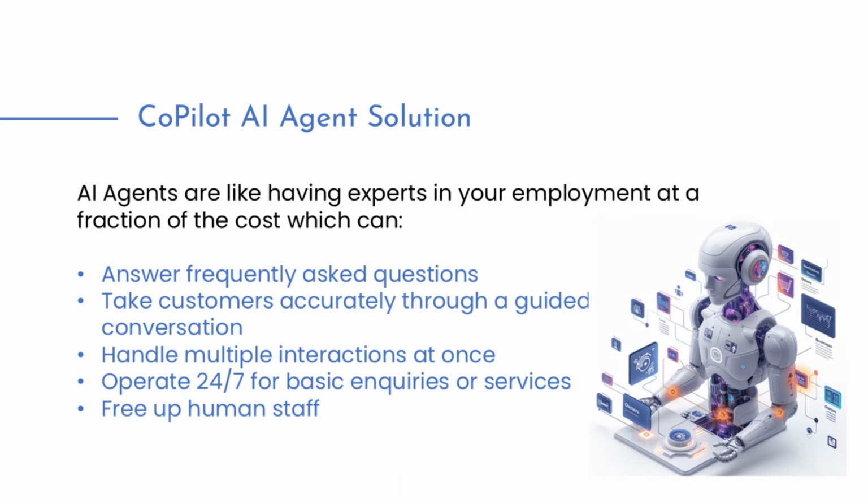Basically, it can answer those frequently asked questions instantly using your provided knowledge. It can take customers accurately through a guided conversation, handle multiple interactions simultaneously, and it operates 24/7. So for basic inquiries whenever you're closed, it can ultimately help your business keep running. It also frees up your human staff to focus on real value like quality control and in-person customer service.